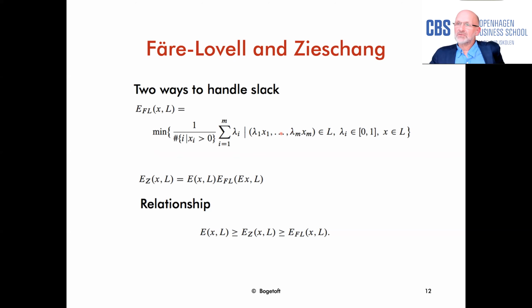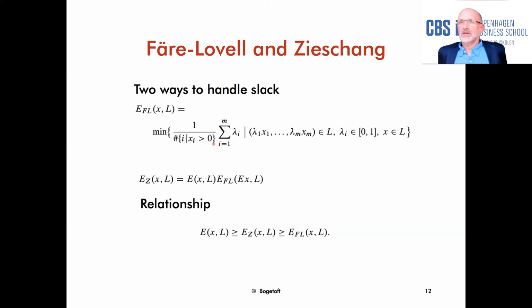Then you try to find a movement towards the frontier such that the average reduction factor, where I take the sum of the reduction factors and divide by the number of factors being reduced, is as small as possible.